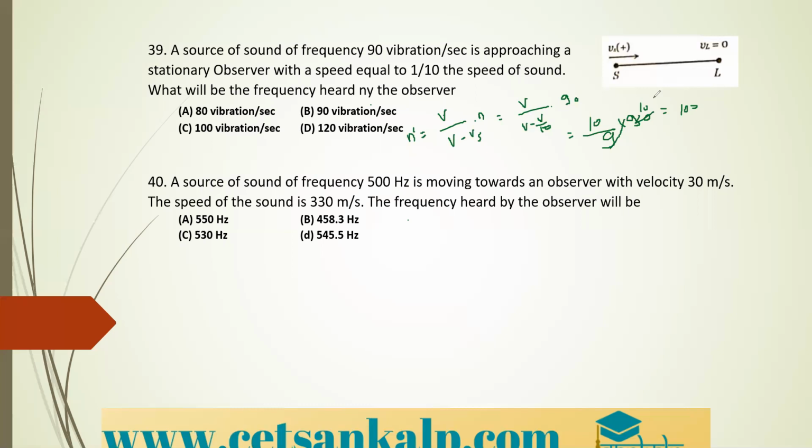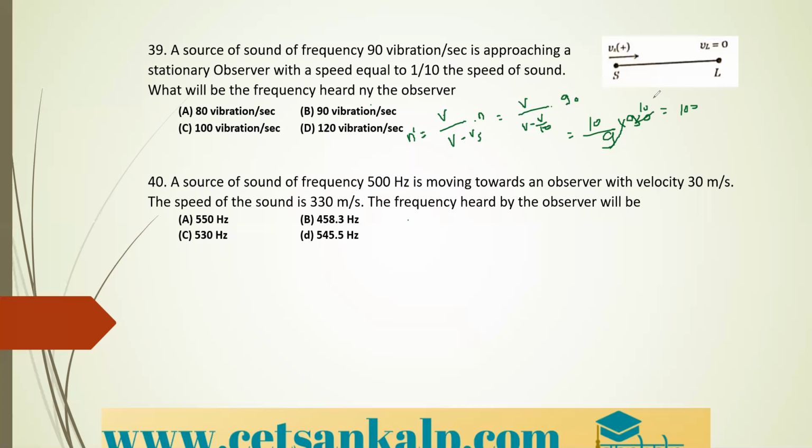So next question is, a source of sound of frequency 500 Hz is moving towards an observer with velocity 30 meter per second. The speed of sound is 330 meter per second and the frequency heard by the observer will be. So here it is moving towards an observer with a velocity of 30 meter per second.